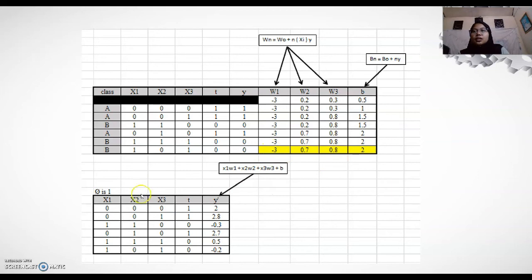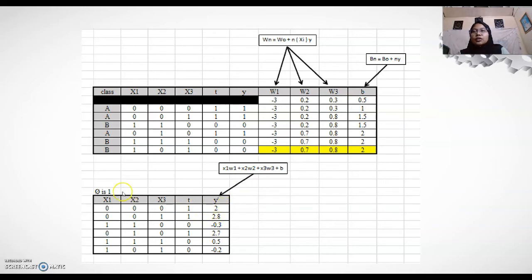Next, in this column we have to find Y prime. To find Y prime, we use this formula: x1 W1 plus x2 W2 plus x3 W3 plus B. So we substitute the values of x, W, and B here. First we get the value of 2.